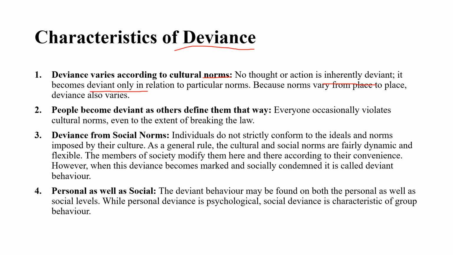It becomes deviant only in relation to a particular norm, because norms vary from place to place and deviance also varies. For example, in Indian society, something is very unacceptable that is acceptable in a Western society. Let's say PDA, public display of affection.